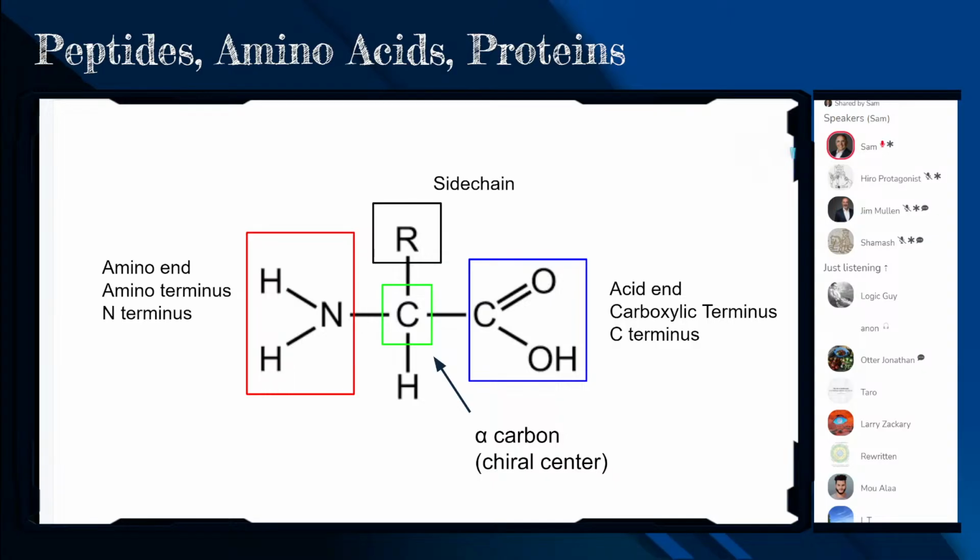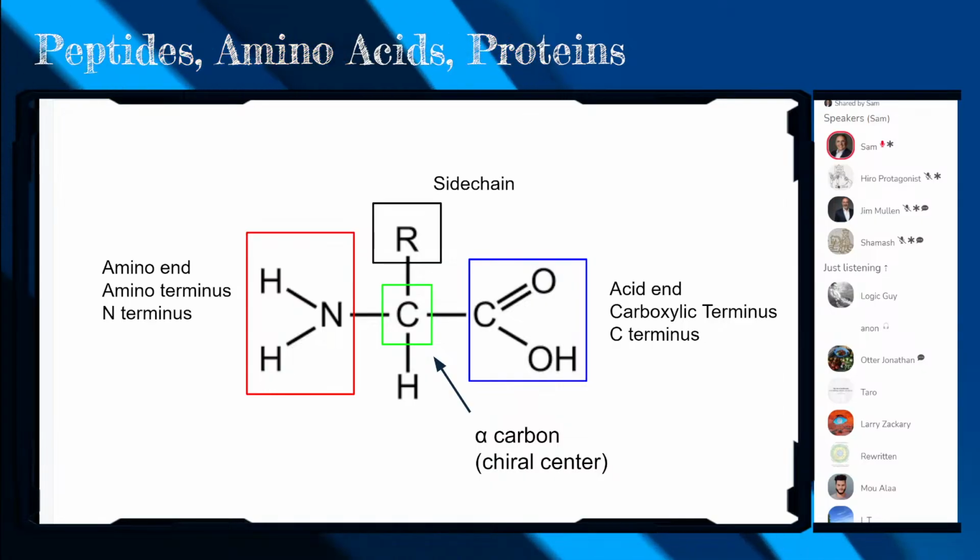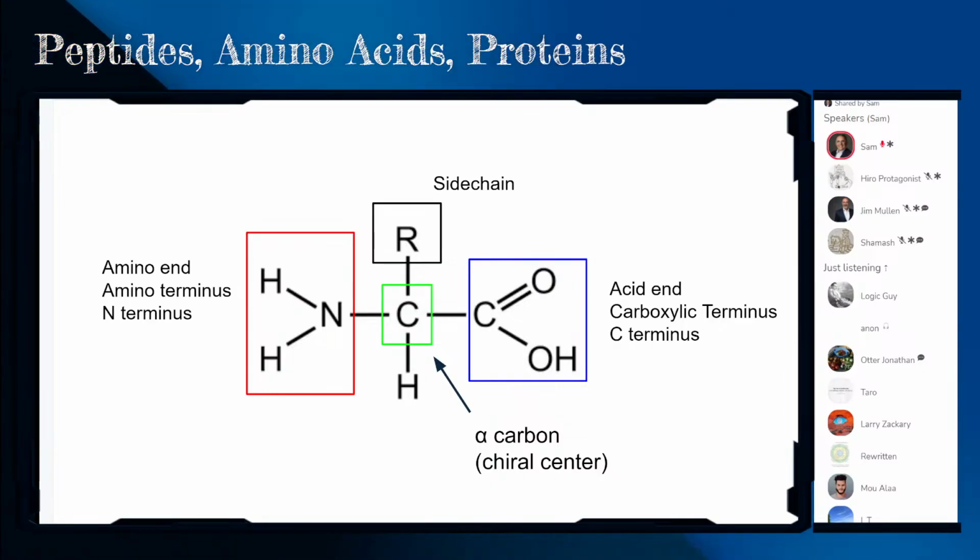Now, if you know organic chemistry, or if you were around in some of my past lectures when I was talking about the tetrahedral structure and chirality, the handedness of a molecule.